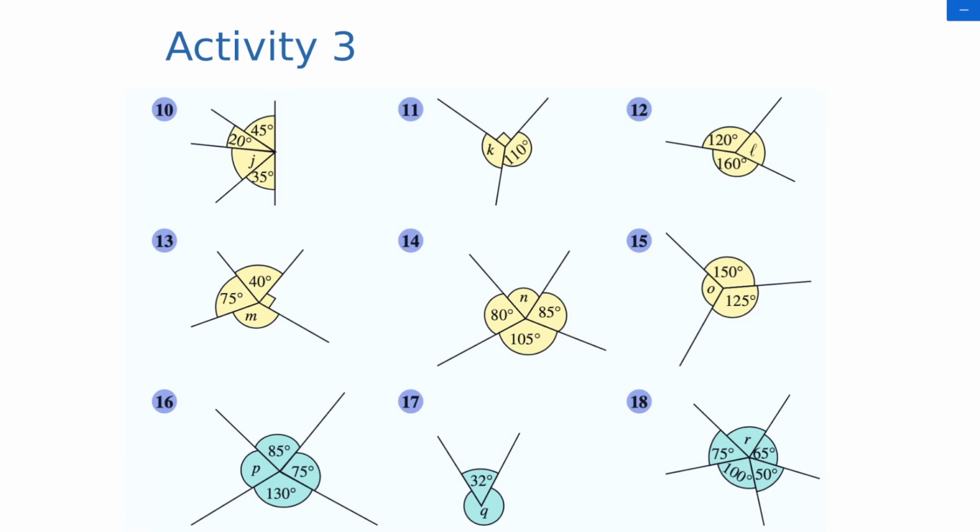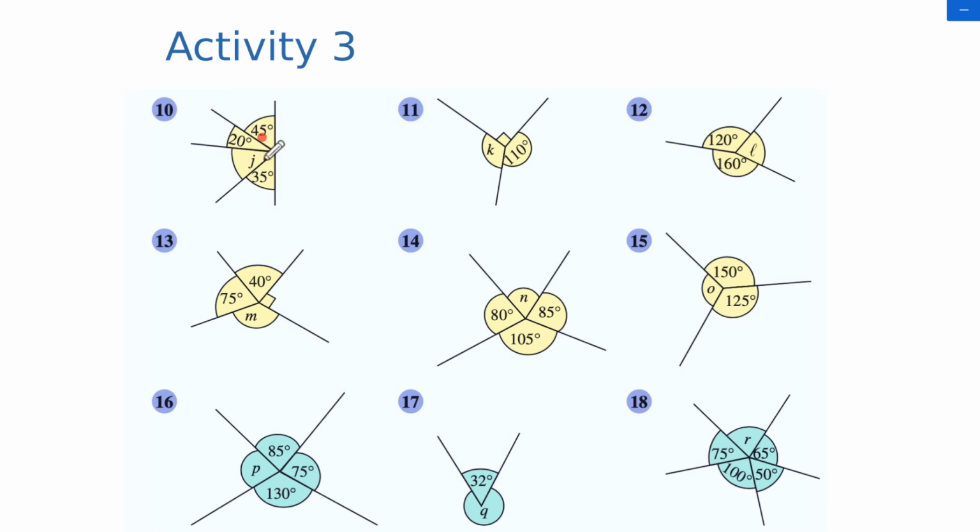Now you can do the activity for these types of angles at a point. Okay, so obviously first one here is just angles on a straight line. You don't need to know they add up to 360. So just look at these ones.